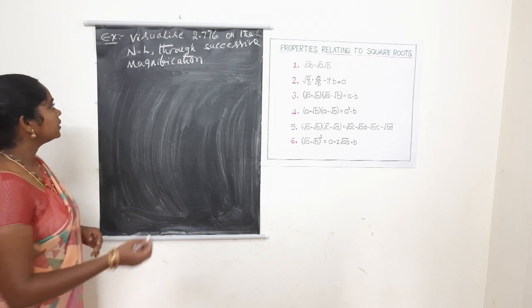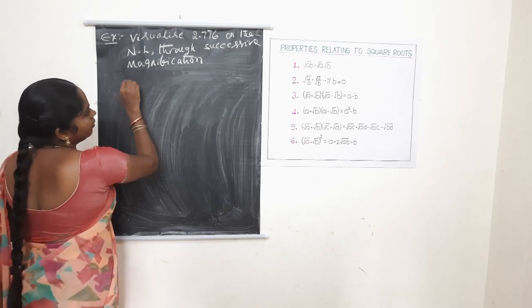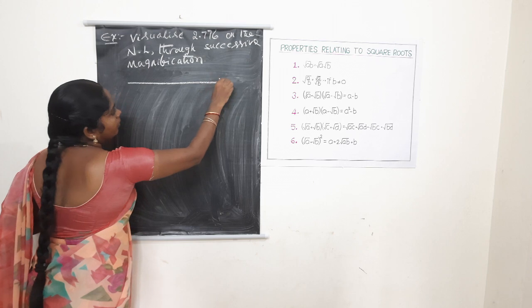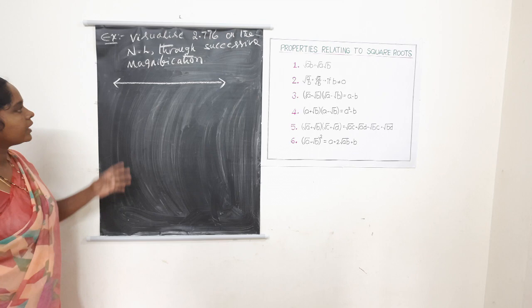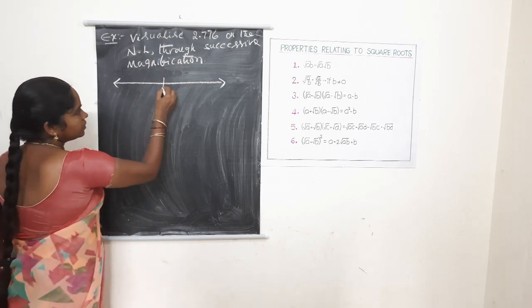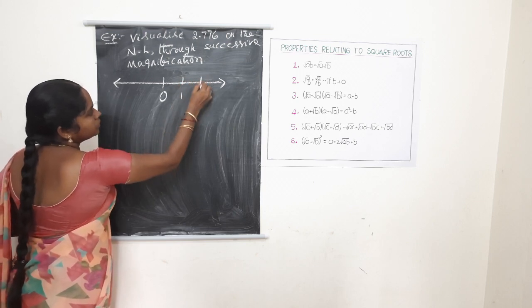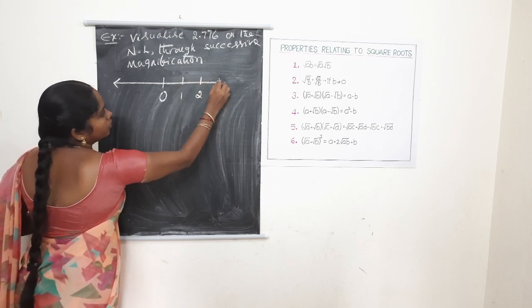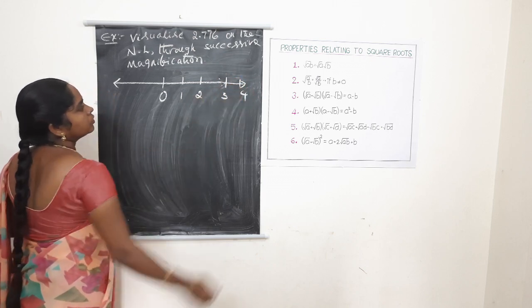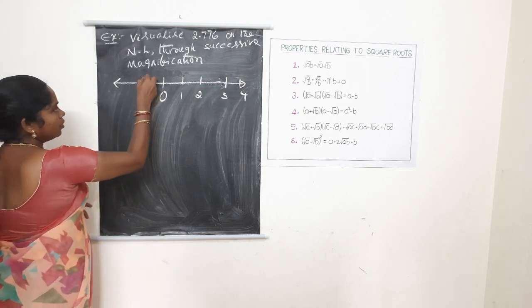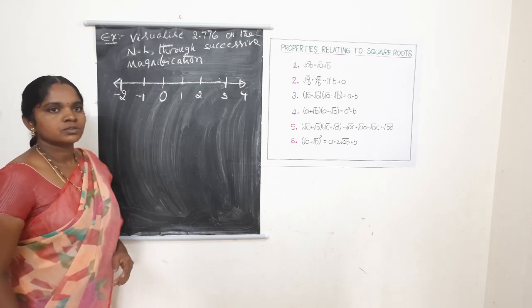So further, let us draw a number line and locate the points 0, 1, 2, 3, 4 to the right side of 0, and minus 1, minus 2 to the left side of 0.